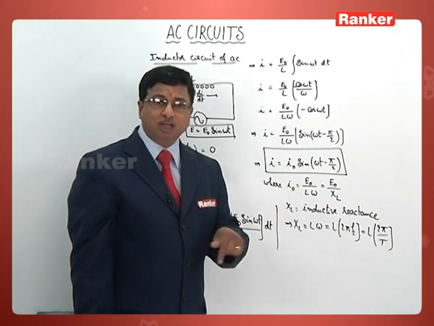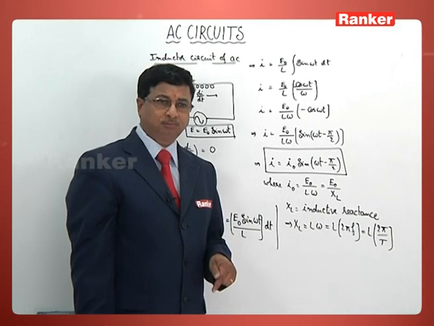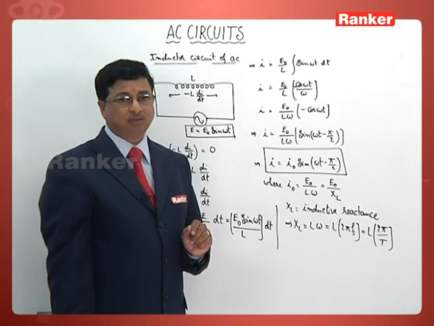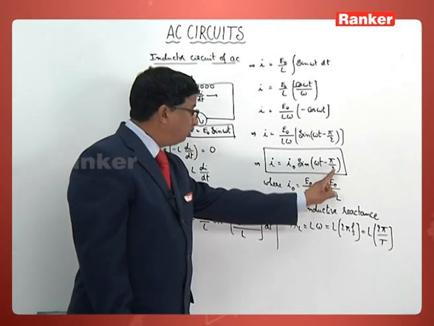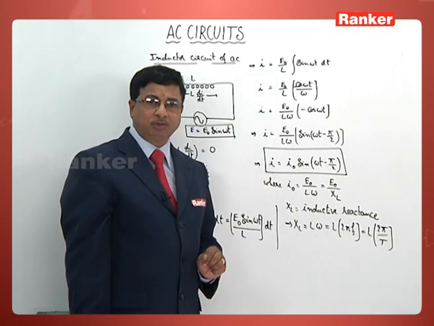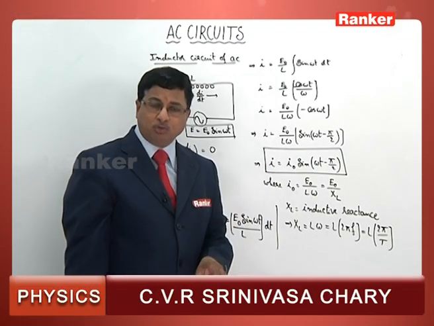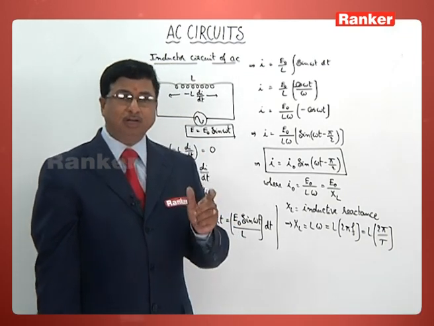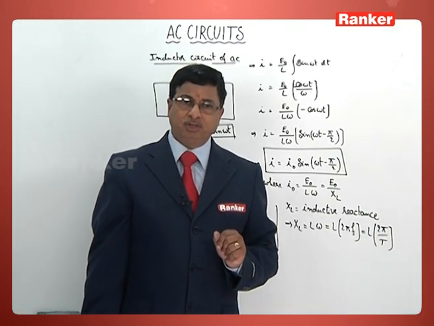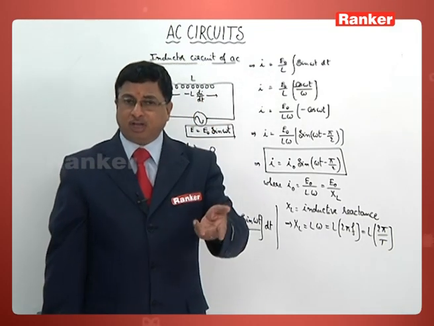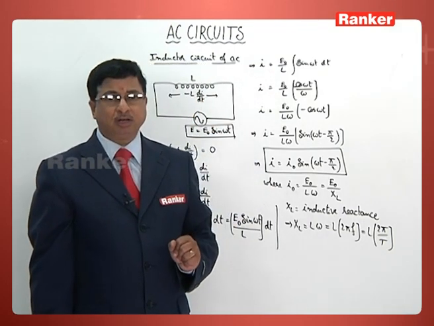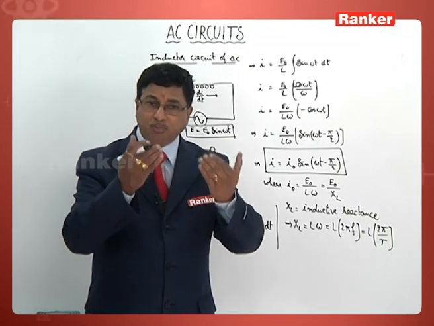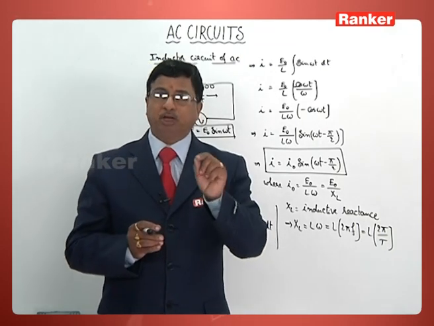Current is lagging behind EMF by how much? By pi by 2 radian. So you can come to the conclusion that in the case of a pure inductance circuit of alternating current, EMF leads the current by pi by 2 radian, or current lags behind EMF by pi by 2 radian.